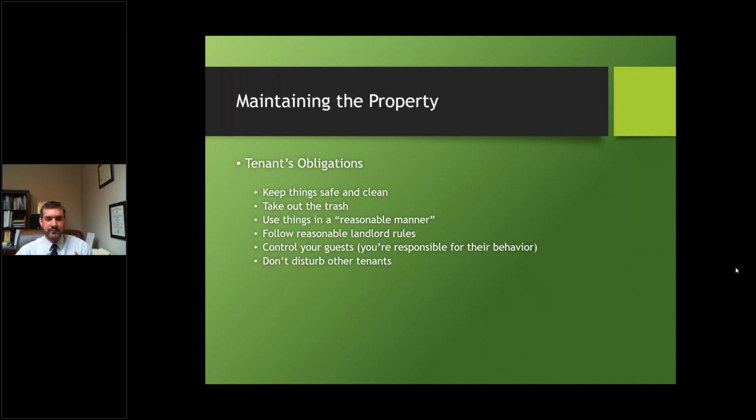There's case law that talks about how anything that's the structure, the walls, the ceiling, the structure of the property, is one of the things that is contemplated when the law refers to a fit and habitable property. So, okay, and let me give you this one last question that has to do with disturbing other tenants.